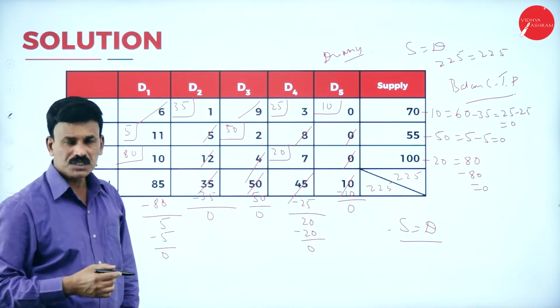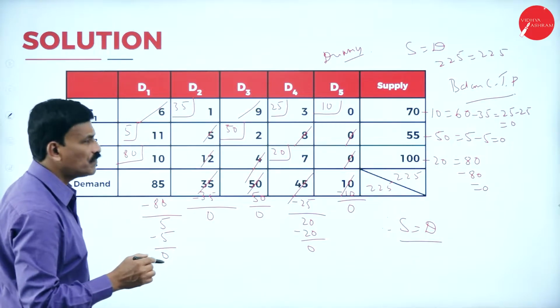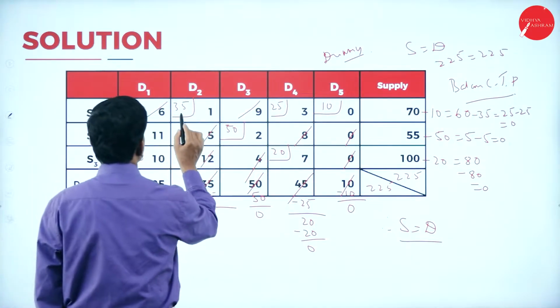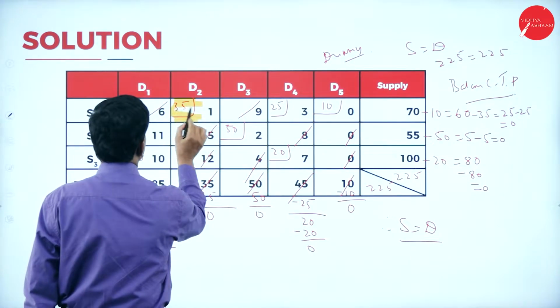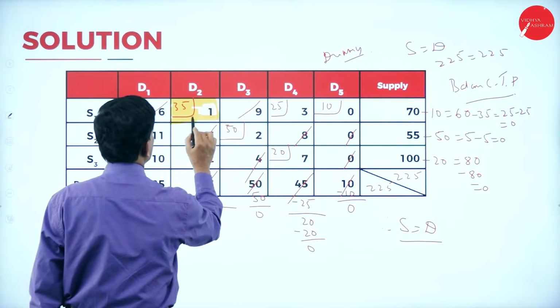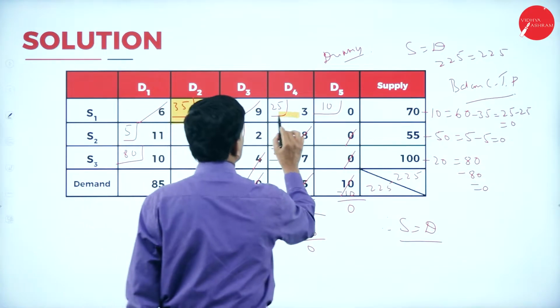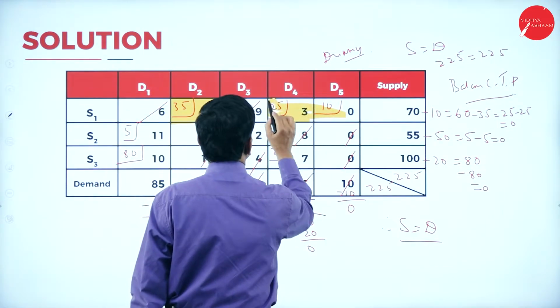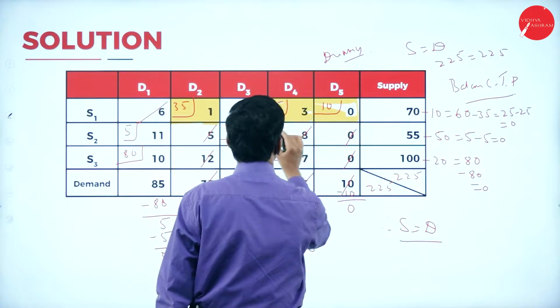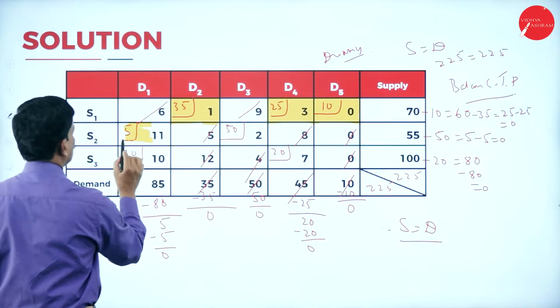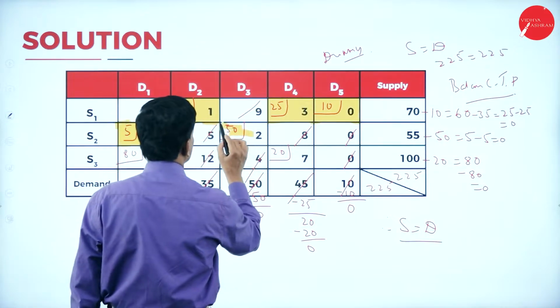To find the solution, just identify the cells where we have allocated. This is one cell. 35 into 1 is the first value. Then the next value is 25 into 3 and 10 into 0. This is the second value. And the next value is 5 into 11 and 50 into 2.